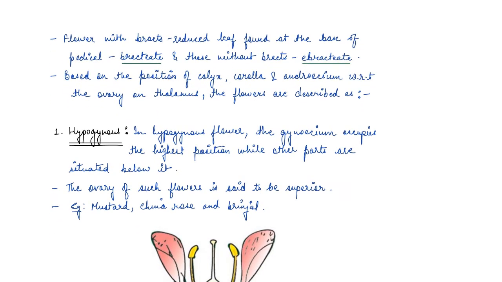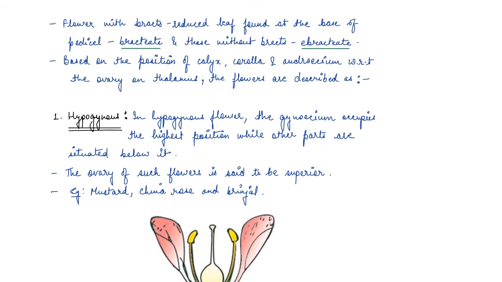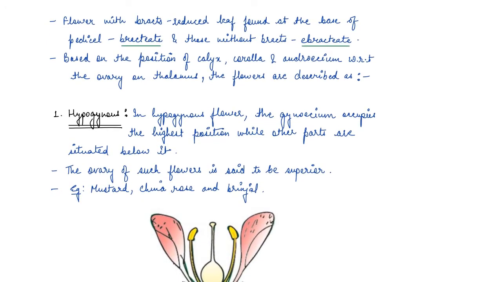Now, the last thing is that based on the position of the floral whorls, or the four whorls, calyx, corolla, androecium, and gynoecium, basically with respect to the gynoecium part, the flowers are described into three different types. So it can either be hypogynous, perigynous, or epigynous. Let's see what happens in the case of hypogynous. In hypogynous flower, the gynoecium occupies the highest position, and the remaining parts are situated below it.